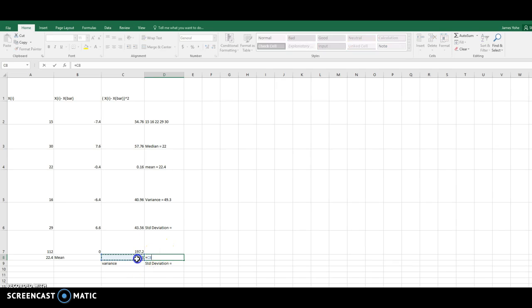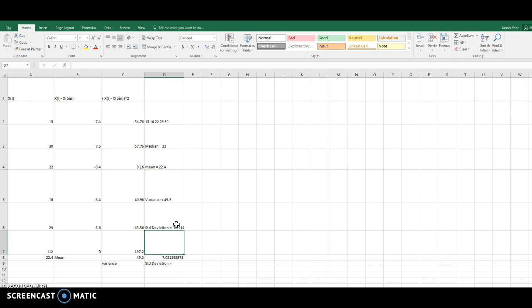So I'm going to take that 49.3 and take the square root of that, and that comes out to be 7.0214. I'm rounding it off. As you can see, I'm rounding it off to the thousands. Excuse me, the 10,000s. Excuse me, the thousands, my fault.